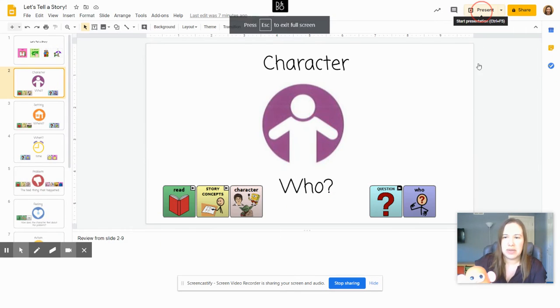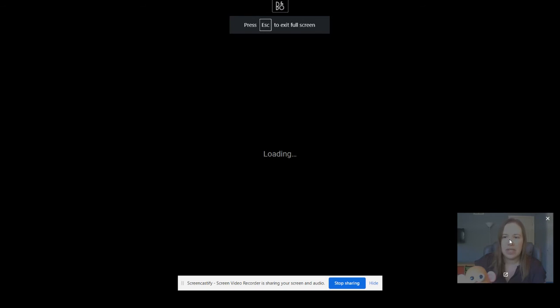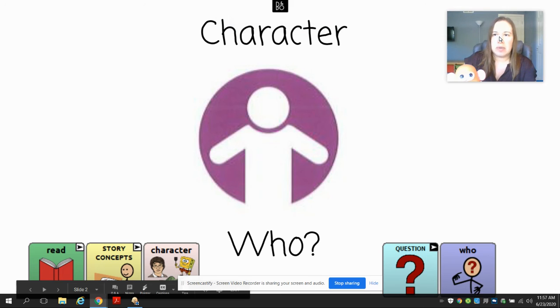All right, so let me go into present mode so you guys can see it a little bit. I'm going to move myself up here. The first part of a story is talking about our character, or who is in our story. Now remember, the pictures along the bottom are for you if you want to find these story elements in your device.